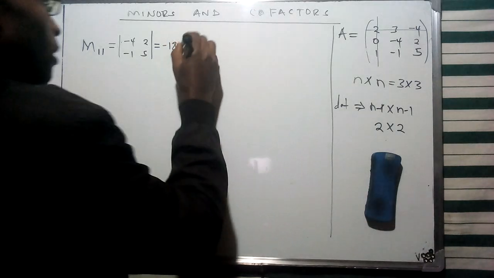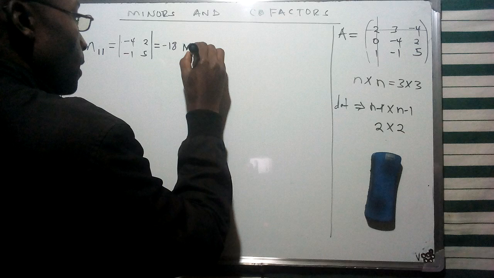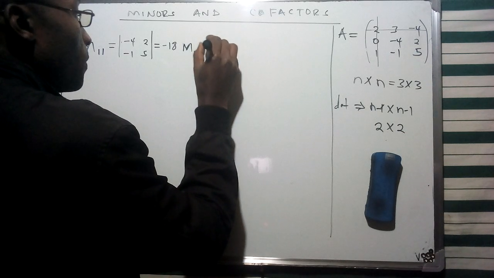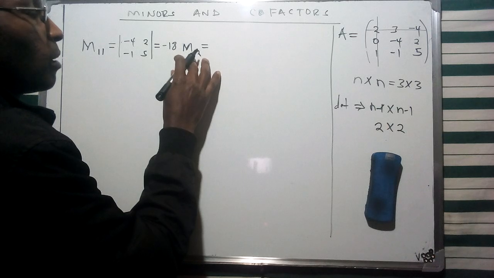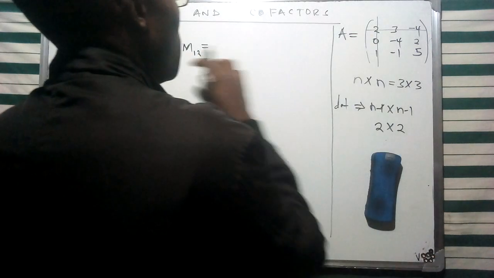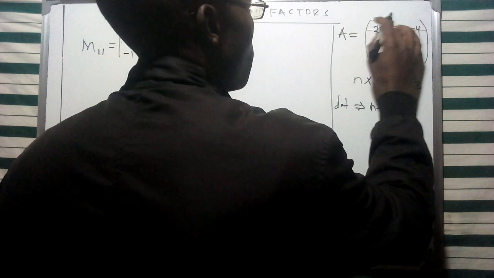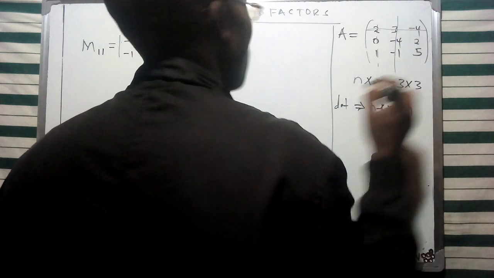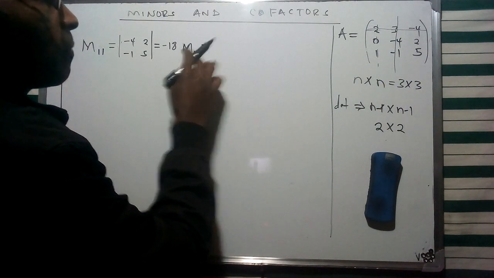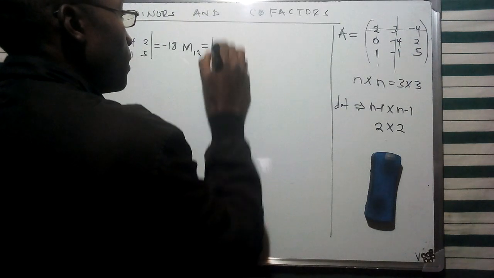And then from this we're going to have our second minor, of the first row, second column. Therefore we're going to delete the first row and the second column, in that order, and then the remaining arrangement of numbers gives us the determinant.